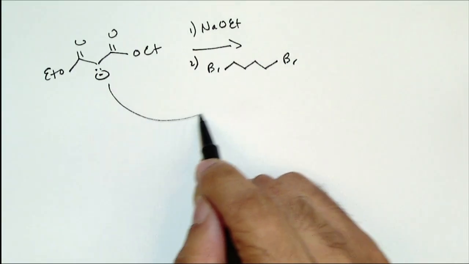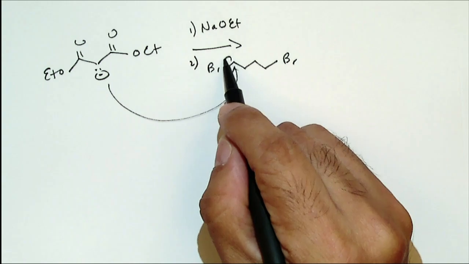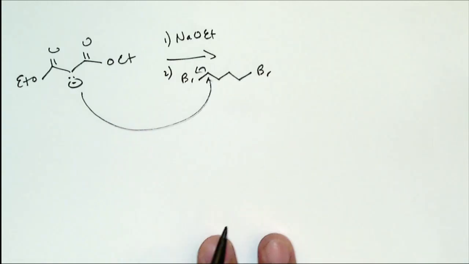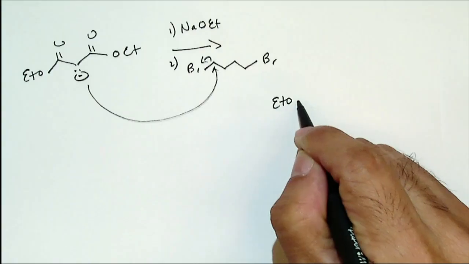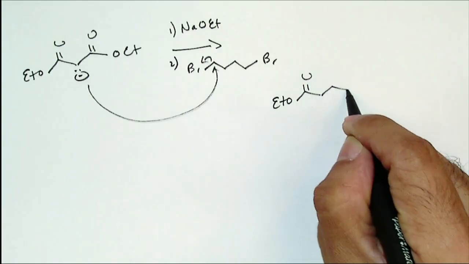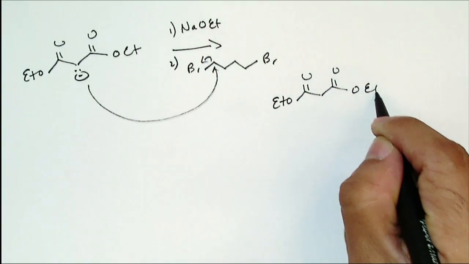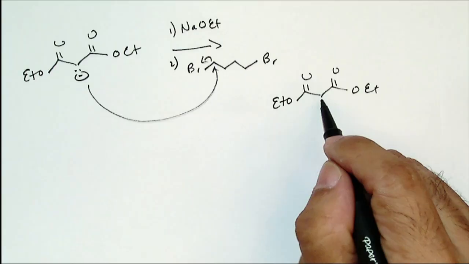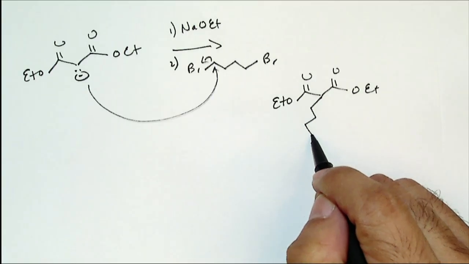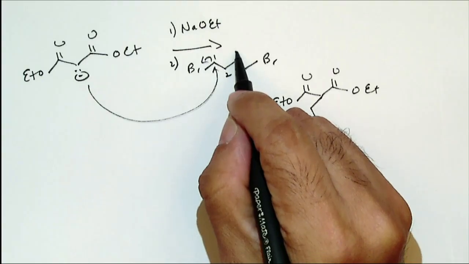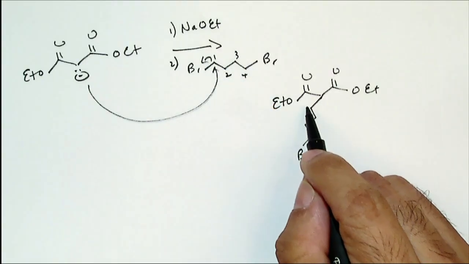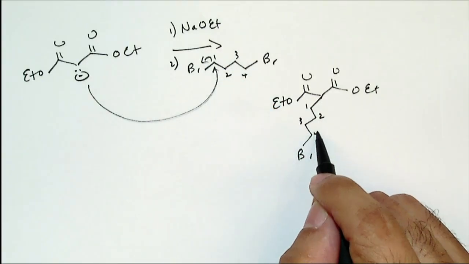So here's the reaction that we know occurs. You kick that out, and so therefore the product that I'm going to get from that is going to be the following, where I have added this molecule. To keep tabs, 1, 2, 3, and 4.